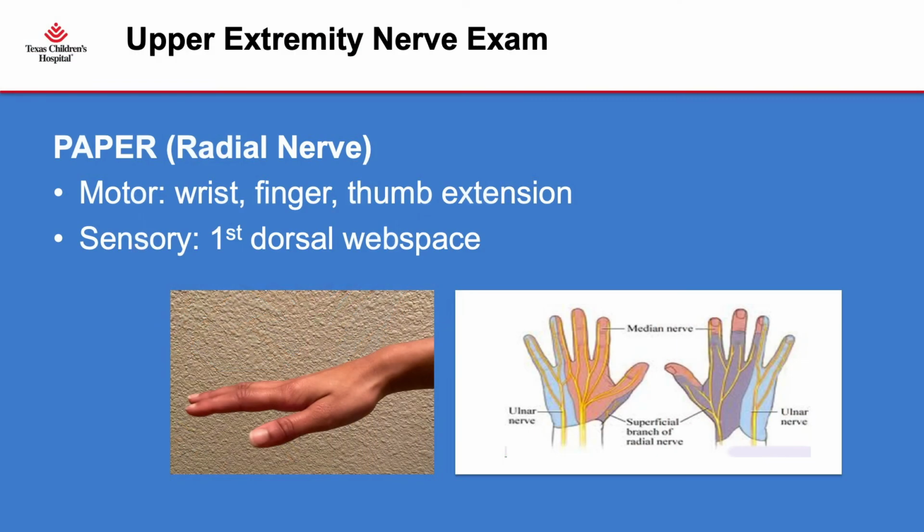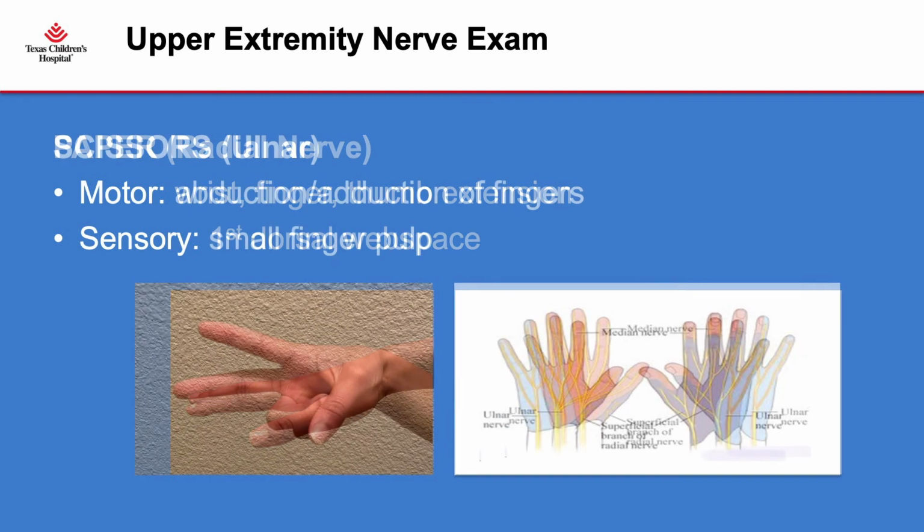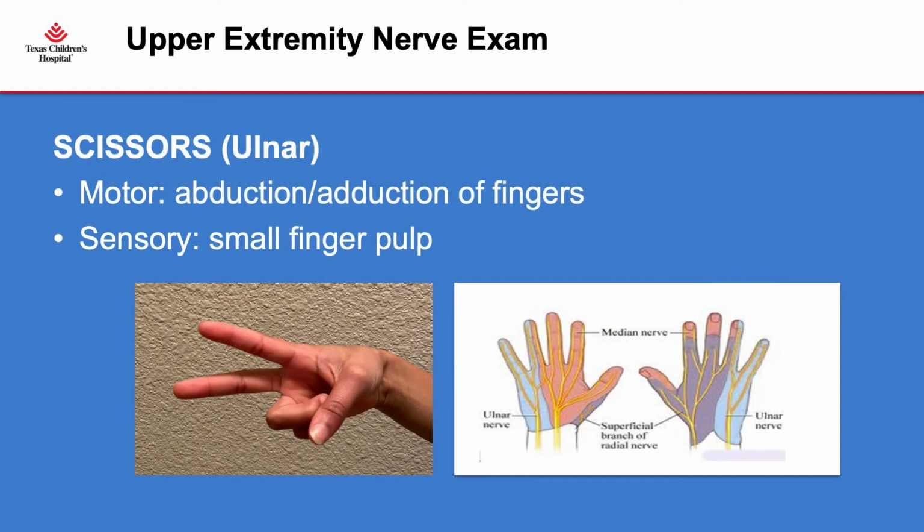Paper is radial nerve. So extension of your fingers, extension of your thumb, first dorsal web space for your sensation. And then scissors is going to be ulnar. So abduction, adduction of your fingers, and sensation to your small finger pulp. So that's an easy way to examine the kids and know that everything is intact or what is not intact.